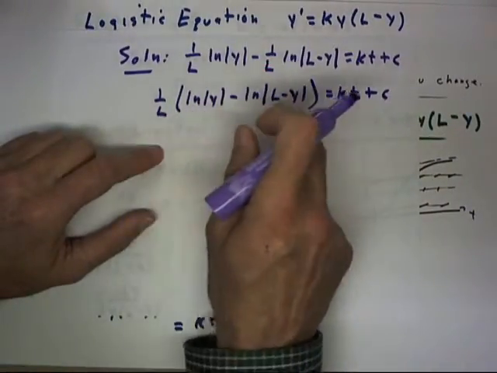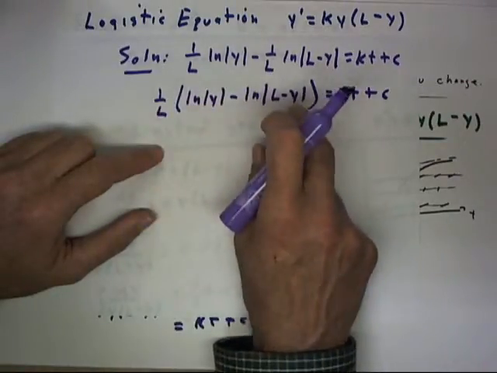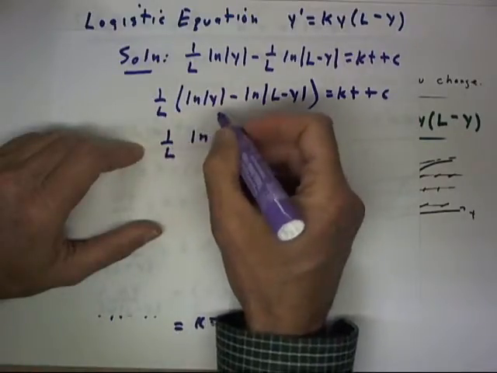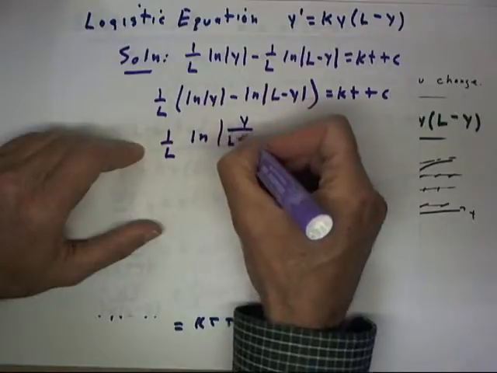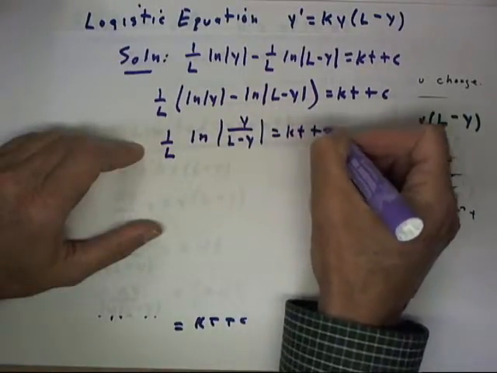Now, when you subtract two natural logs, that's the same as the natural log of this divided by this. So we have 1 over L times the natural log of the absolute value of y over L minus y equal to kt plus c.